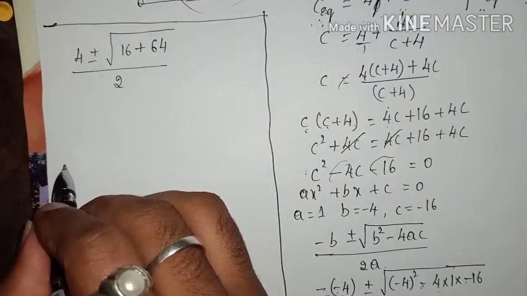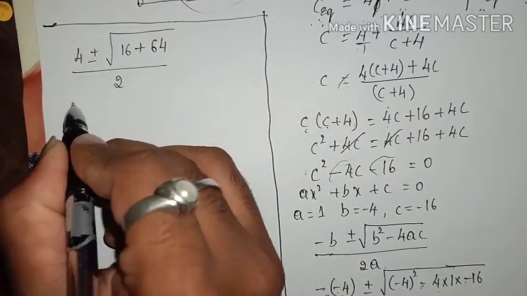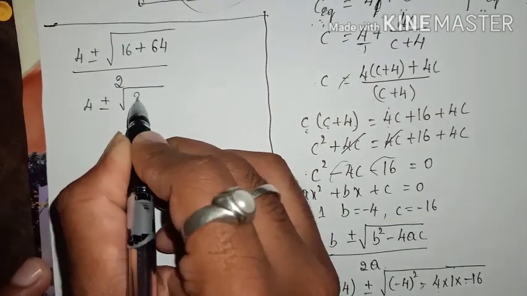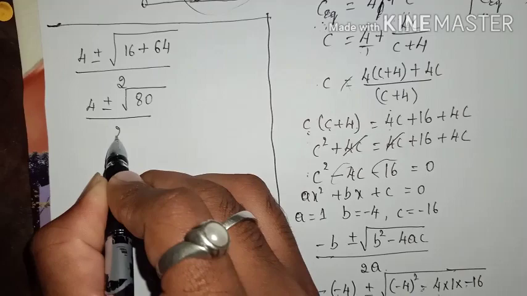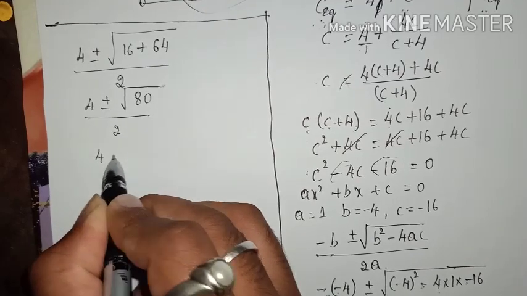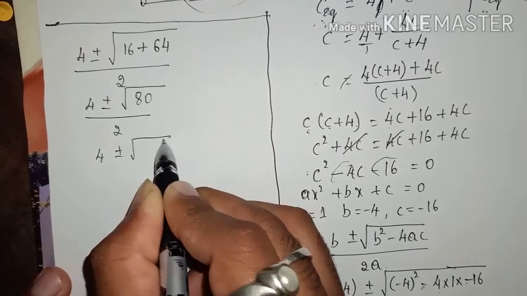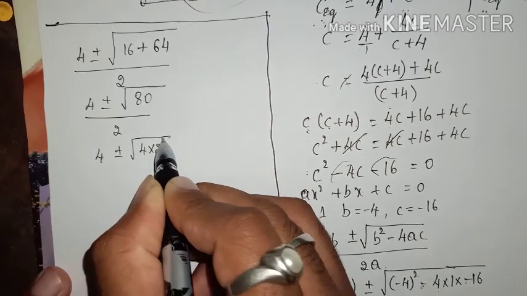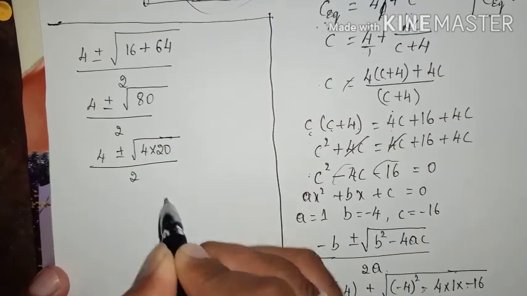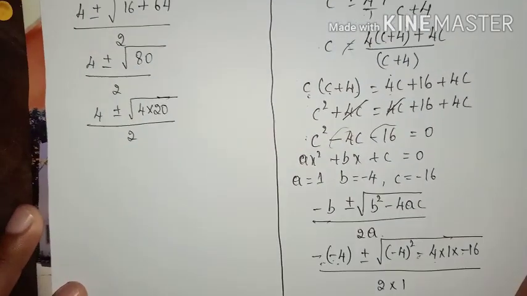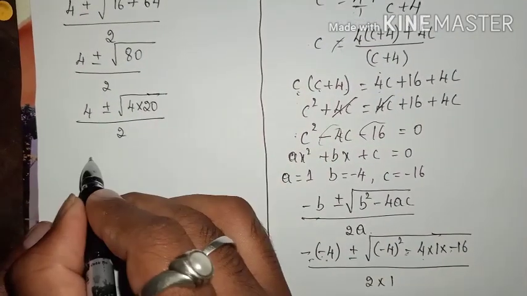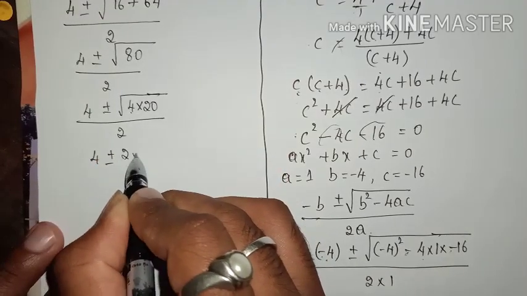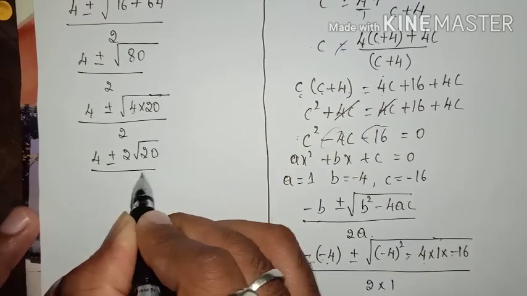Okay, yes. Next 4 as it is, plus or minus square root of this one, 80, whole divided by 2. Thus 4 plus or minus square root of 80, you can write it as 4 into 20, whole divided by 2. You can simplify still. If I take 4 out, I can write it as 2 root 20 whole divided by 2.